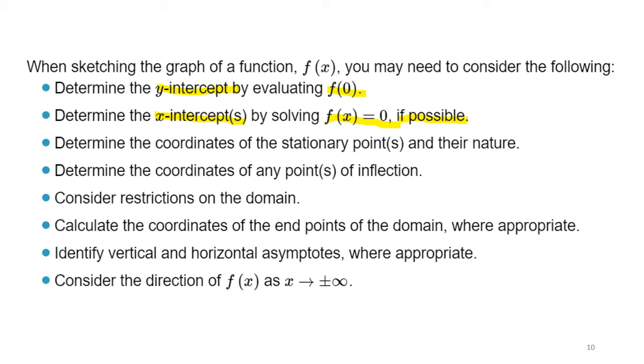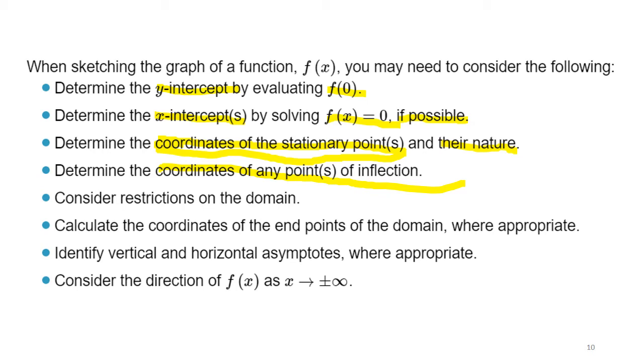Next, you want to determine the coordinates of stationary points and their natures. You need to determine where the maximum and minimum turning points are. Do I have any points of inflection, and what is the nature? What type of turning points are they? Consider the restrictions on the domain.